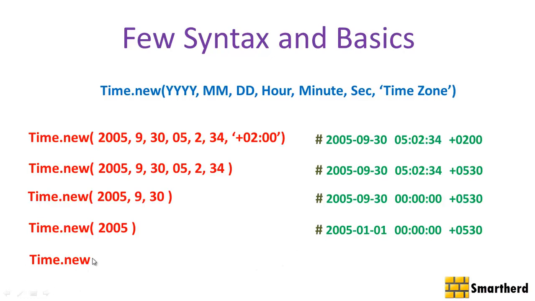This Time.new is actually going to give you the current time. Now at present the time is 2014 May 25 like this, and the time is this, and this is actually your time zone. So to get your current time, just initialize the object by the syntax Time.new. Pretty simple guys, nothing tough.